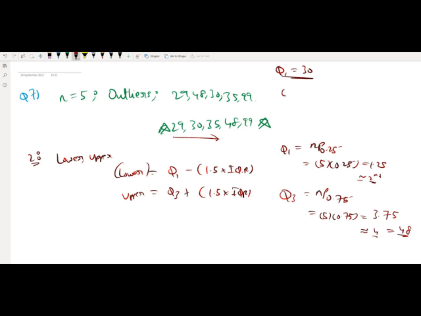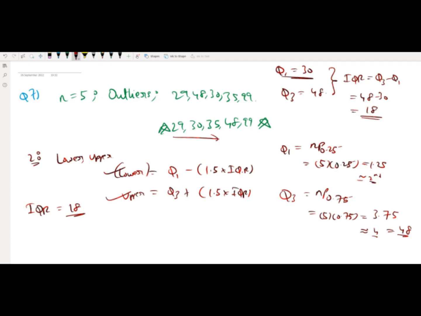Therefore Q3 has the value of 48. From our earlier definitions, IQR is Q3 minus Q1, which is 48 minus 30 is equal to 18. IQR is equal to 18. So now let's check for these ranges.